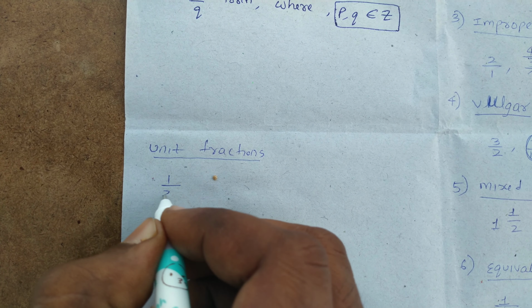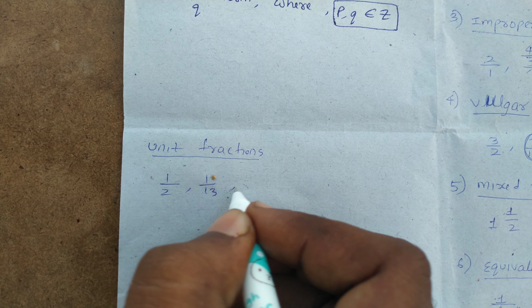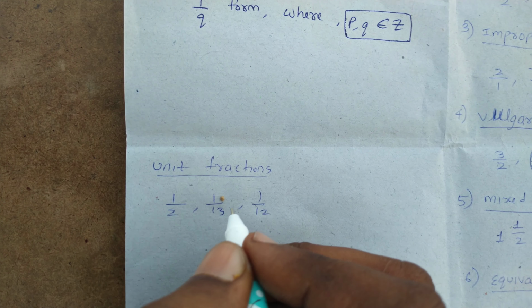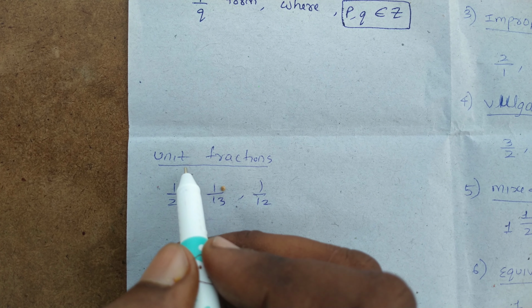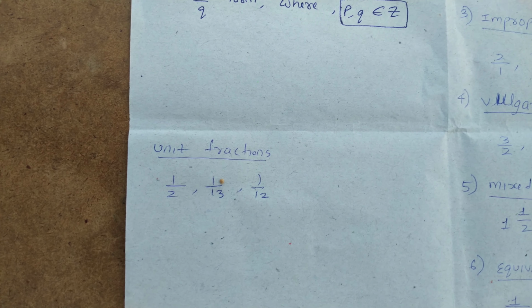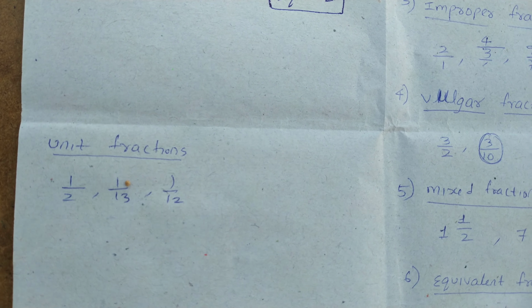Suppose 1 by 2, 1 by 13, 1 by 12. These fractions are called unit fractions because the numerator is exactly 1. That's why it is called a unit fraction. Clear? Able to understand?